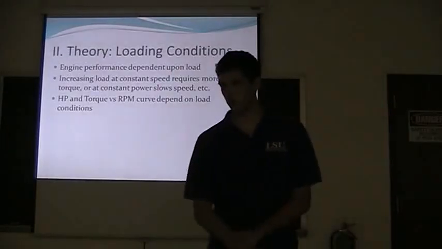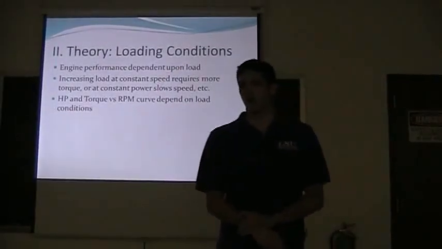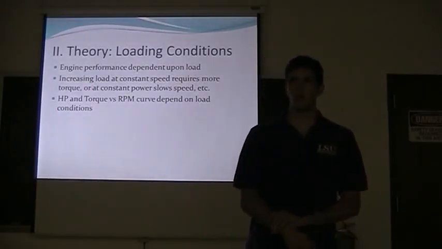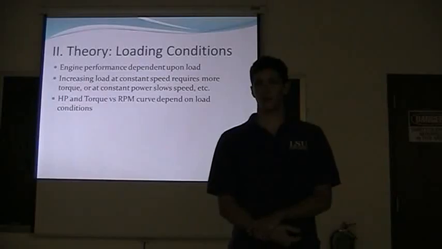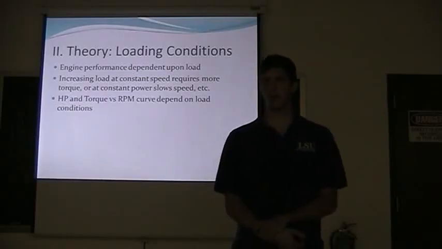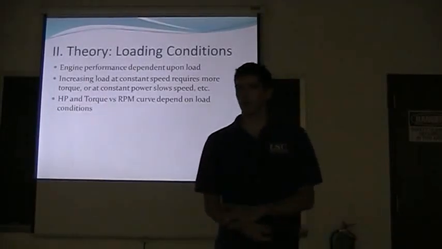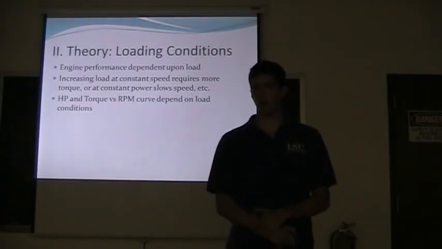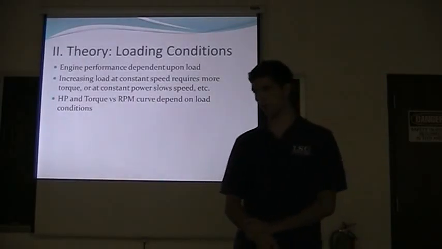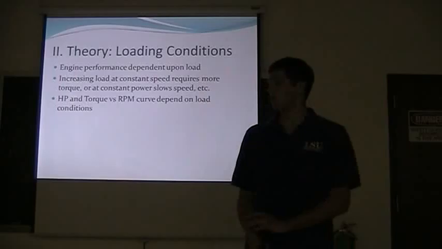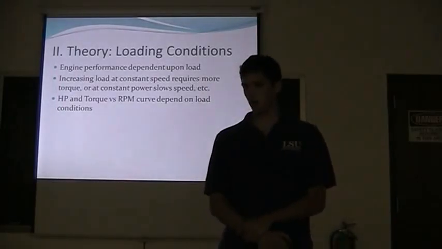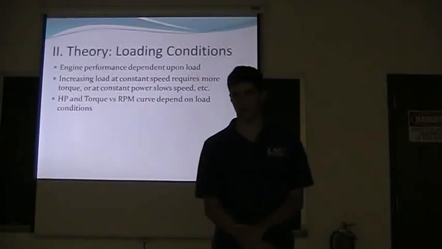Which brings us to loading conditions. Basically, the load on the engine is going to impact its performance just as much as throttle or any kind of input variable. You can think of it as a loaded engine being really bogged down, or a free engine just running with no load. For example, if you increase the load at constant speed, it will require more torque to push through the resistance.